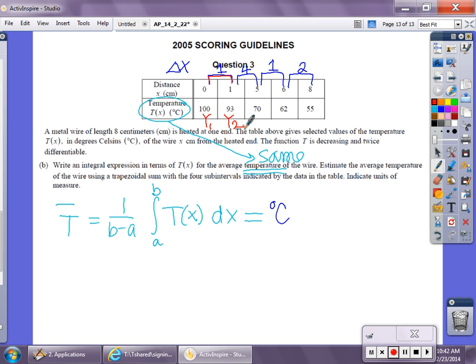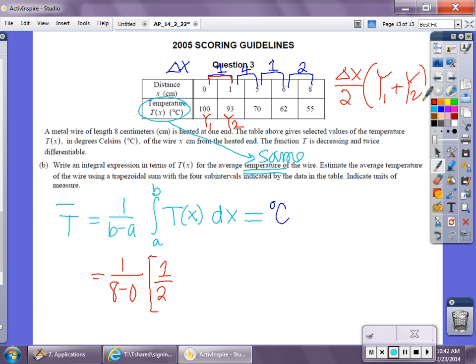Okay, so my trapezoidal, 1 over b minus a. B minus a would be from 8 to 0. And the integral is where I'm going to do my trapezoidal rule. So 1 delta x divided by 2, one more time, delta x divided by 2, y1 plus y2. Okay, times y1, which is 100, plus y2, which is 93. So there's my first one.